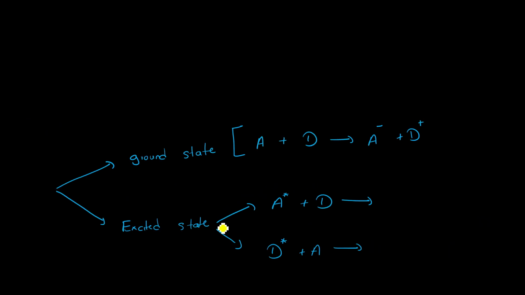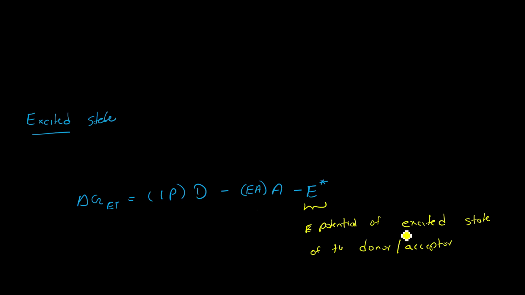As I have told you, there are two mechanisms in the excited state, whether the excitation happens in the acceptor or in the donor. So based on that we can represent the particular one. So this extra energy term, look at this. This extra energy term contributes to our overall expression as a negative value.